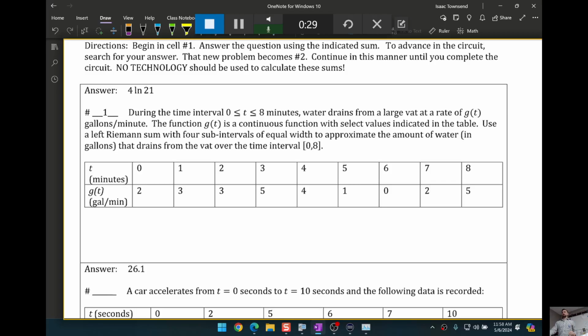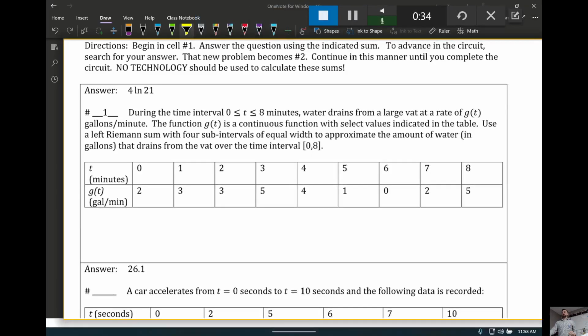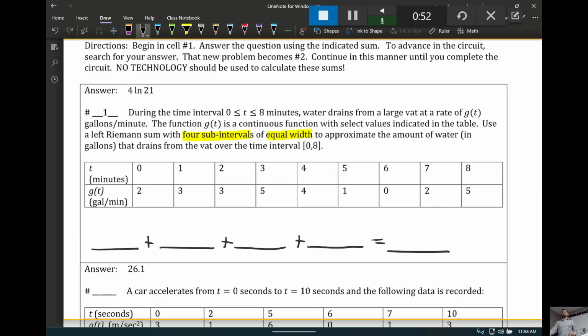But at the end of this, and in the directions, there's only a few things that I'm really concerned about. One is, we need 4 subintervals. They want them to be equal length. Sometimes they're equal length, sometimes they're not. Because there's 4 subintervals, I'm going to make 2, 3, 4 blanks to come up with my answer.